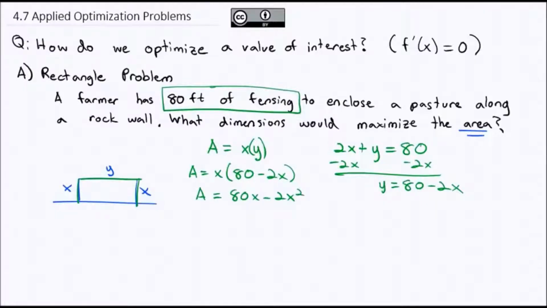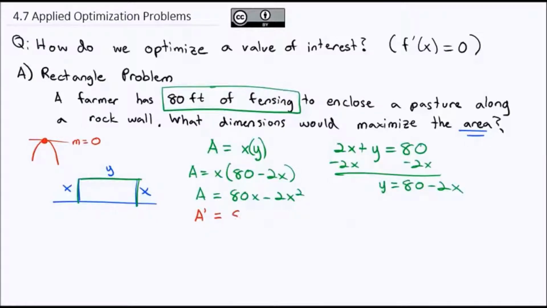And we want to maximize this area. So if we think about maybe the graph of the area, it is going to increase to a certain point and then come down after that point. We're looking to find that maximum point, and we know at that point the slope, the derivative, is equal to 0. So let's find the derivative of the area in terms of x.